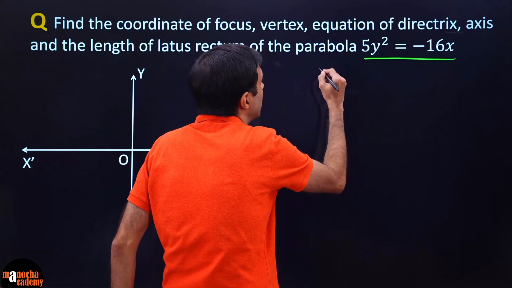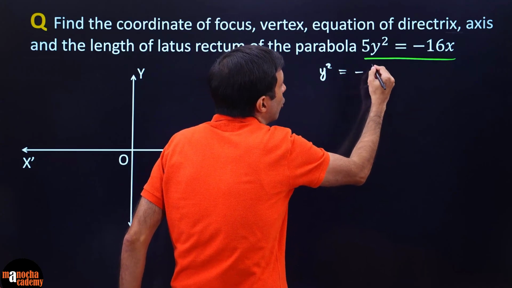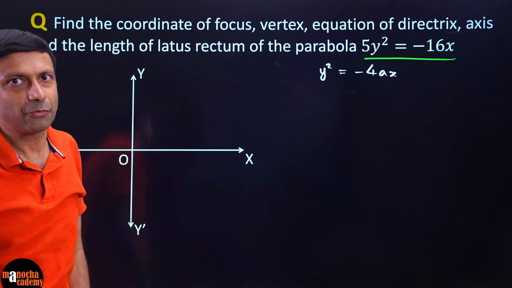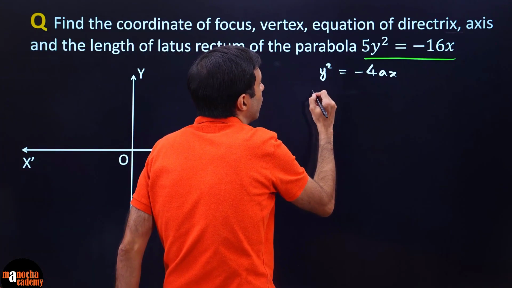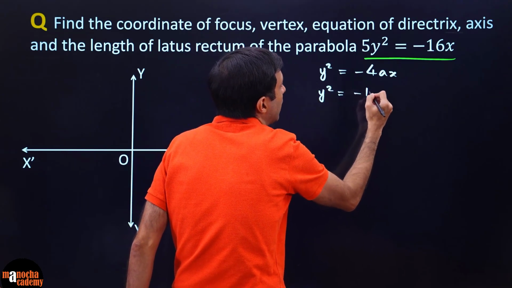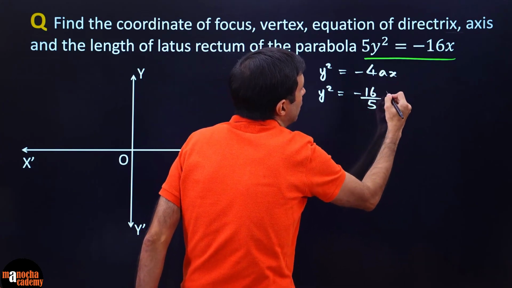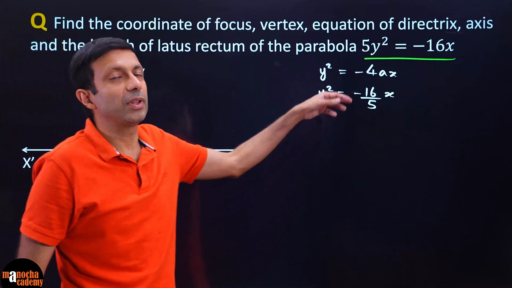So remember, our standard form was y square equal to 4ax or minus 4ax. So I need to get this parabola in that form. So for this parabola we can say 5y square, that means y square is minus 16 by 5, if I bring the 5 here, times x. Yes? So compare it with this parabola.